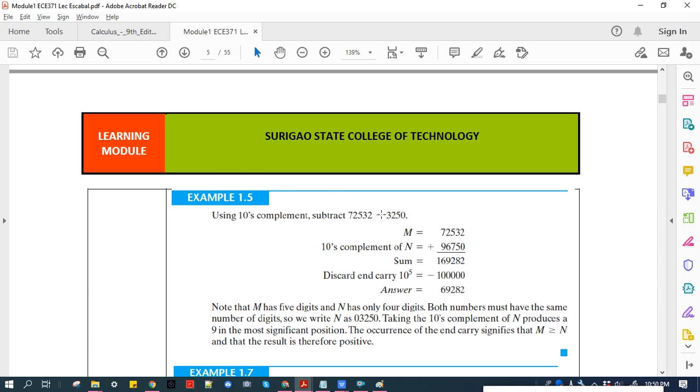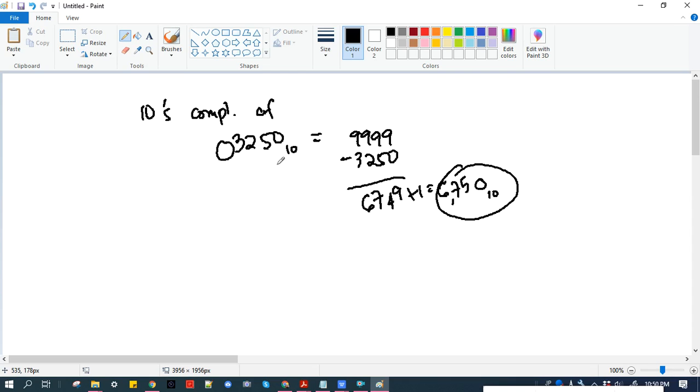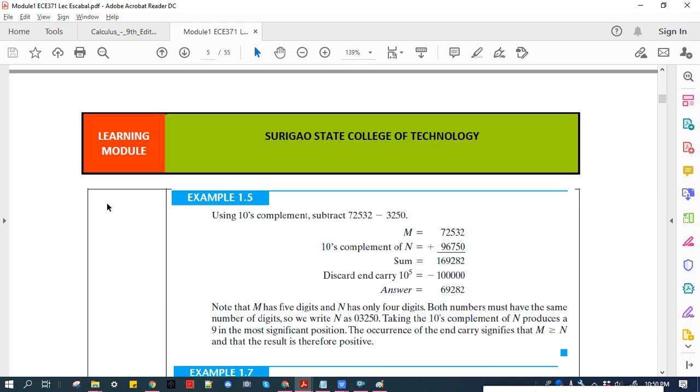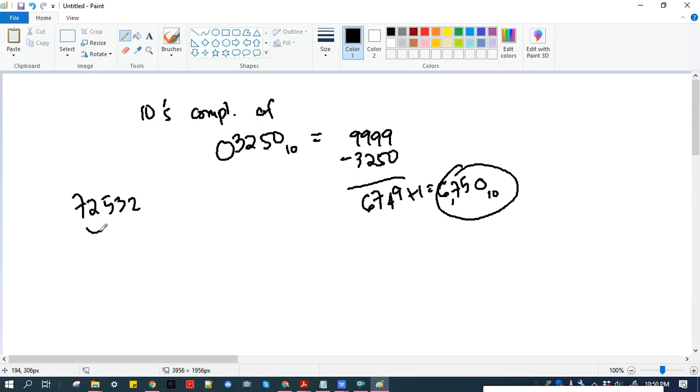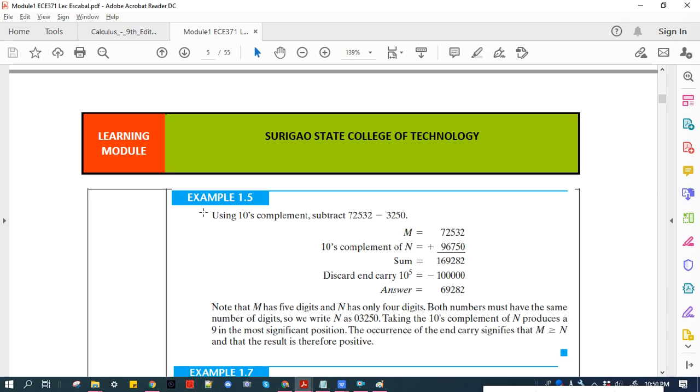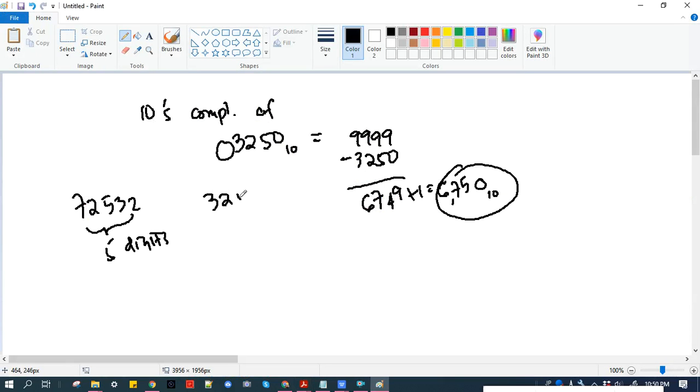The minuend 72532 has 5 digits, while 3250 has 4 digits. So you need to use the number of digits of the bigger number.